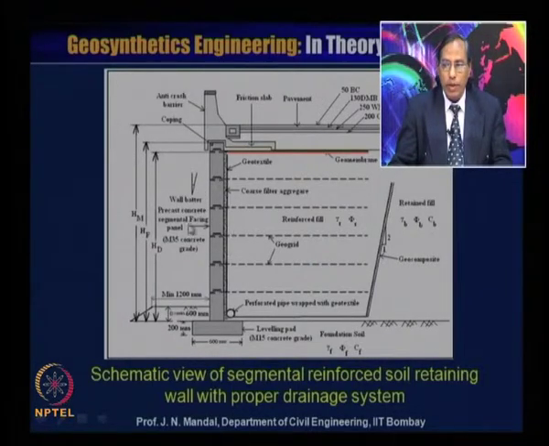When you construct the wall, you always have to provide the wall facing, that is precast concrete segmental facing panel, and you can use M35 concrete grade. At the back you should provide a minimum of 1200 millimeter, and you can make a slope from this leveling part. It should be about 600 millimeter, which I have discussed earlier. This is 600 millimeter, this is 200 millimeter, that is the leveling pad, and for that you can use M15 concrete grade.